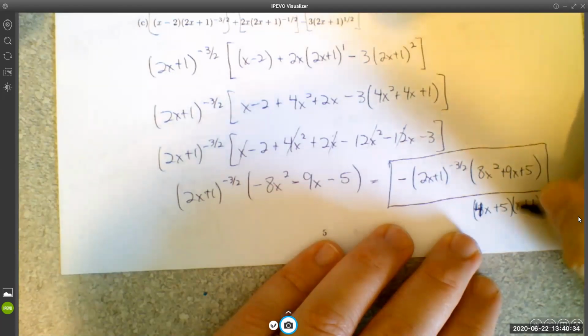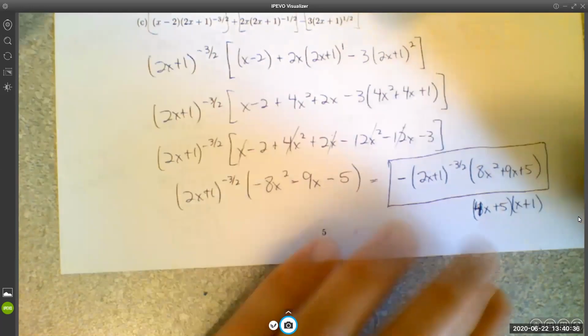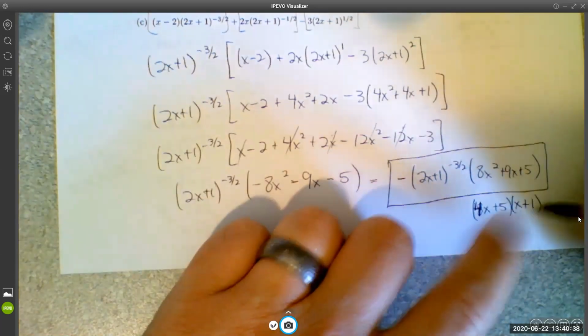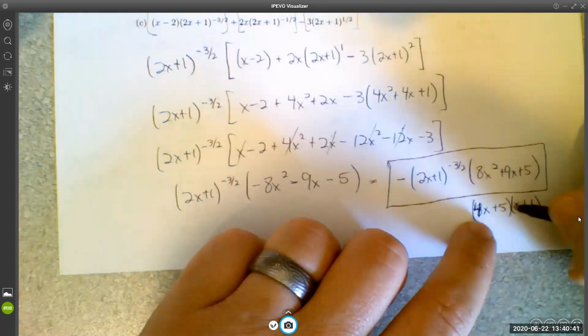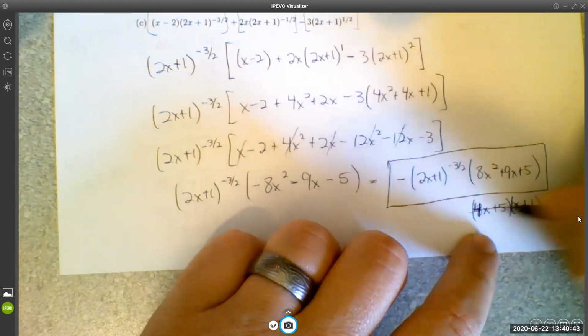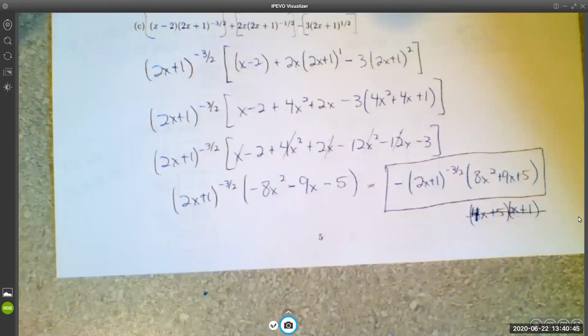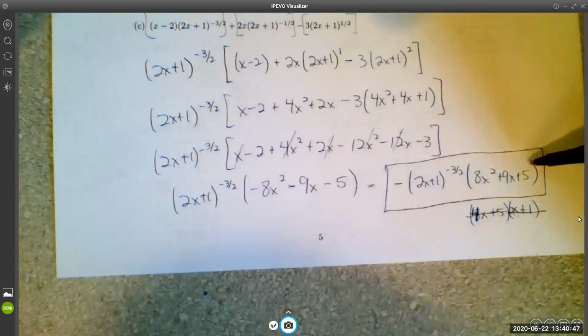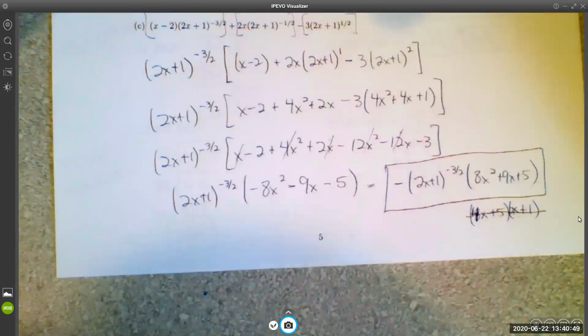Oh, it would have to be 2x though, wouldn't it? Shoot, I was thinking 9 that way, but this would have to be 2x in order to get an 8 there. Maybe this doesn't factor. Actually, I don't think that does. Now that I'm looking at it a little more closely, I don't think that factors. So that would be our factorization there.